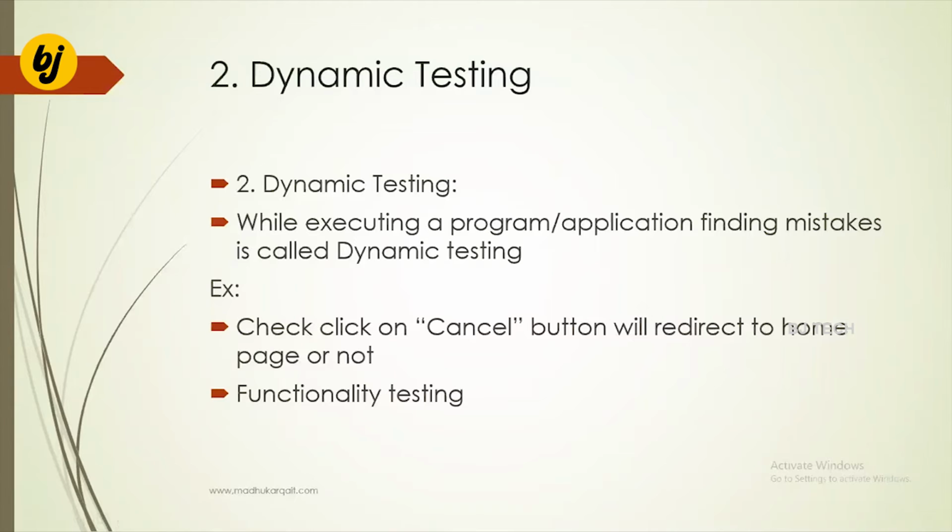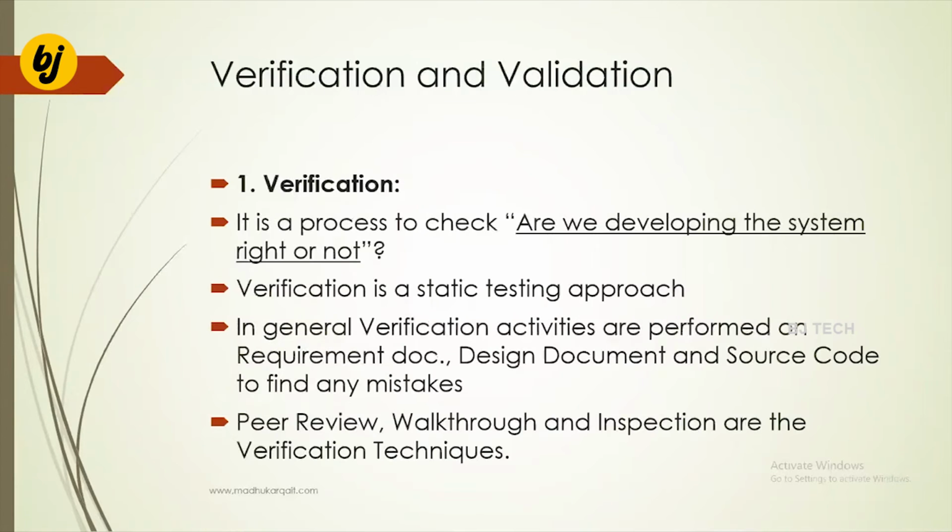From an interview point of view, very commonly they ask what is the difference between static testing and dynamic testing. In the same way, explain the difference between verification and validation. When you talk about verification and validation, the simple way to remember is the V model diagram, which I explained in the previous recorded session.